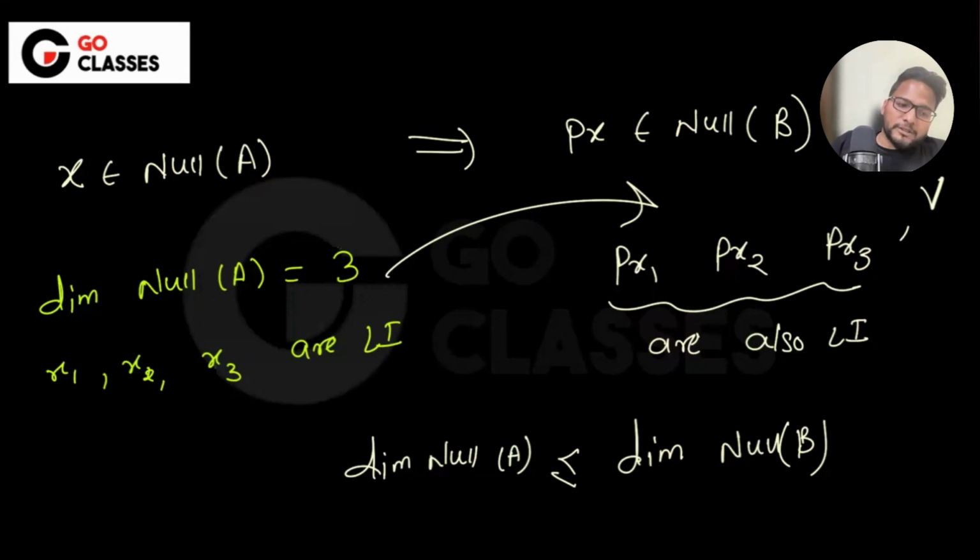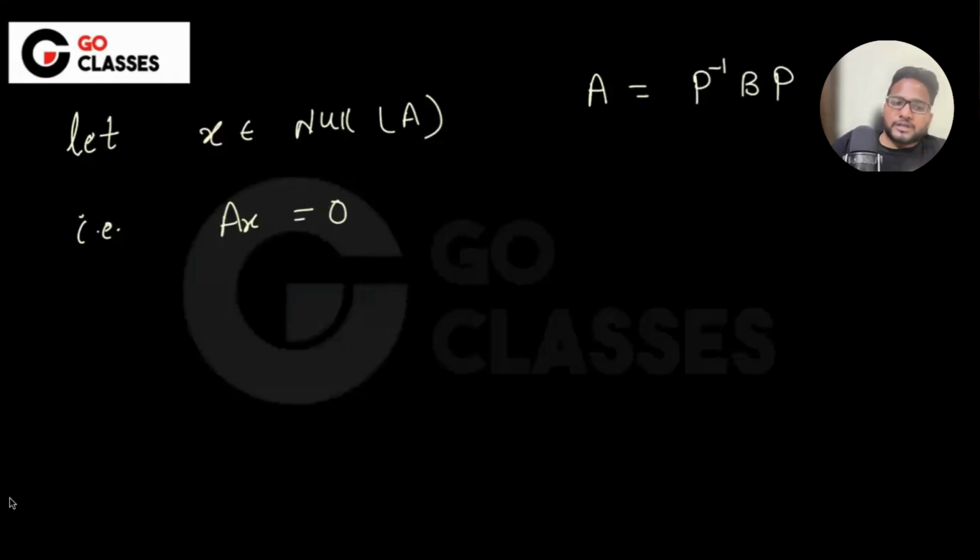Okay, so let me just revise. See what I'm trying to say. Let's just do it step by step. Let x be in the null space of A. What does this mean? It means that Ax equals 0, and we already know that A and B are similar matrices, so that's why this relationship is there.